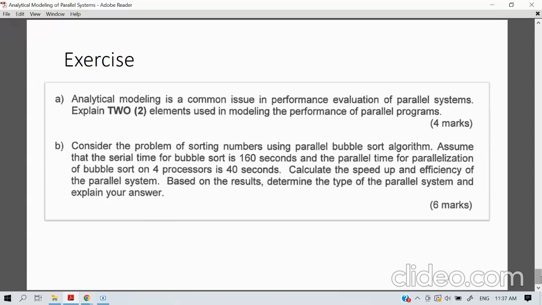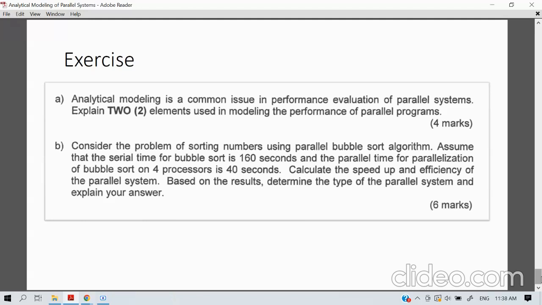Okay, Asri answers. Our TS is 160. Okay, correct. T1 equals 40. Speed up equals 160 over 40. Speed up equals 4. Okay, did the others get the answer? Correct, Asri's answer is correct. The answer is 4. Okay, in the exam, Asri has to write 4 s or seconds.